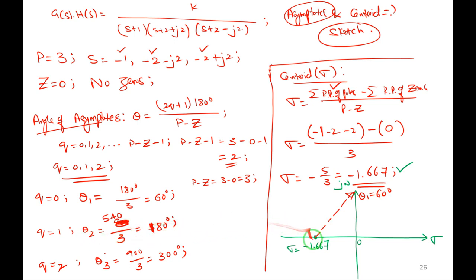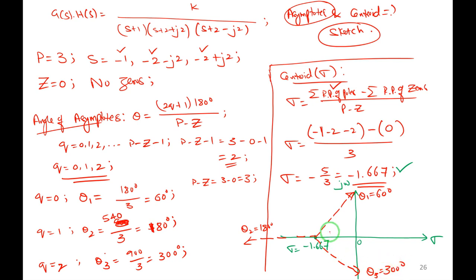Next, theta 2 is 180 degree, from here to here. Next, 300 degree, it will come like this. It has to be symmetrical, no? So theta 3 equal to 300 degree.